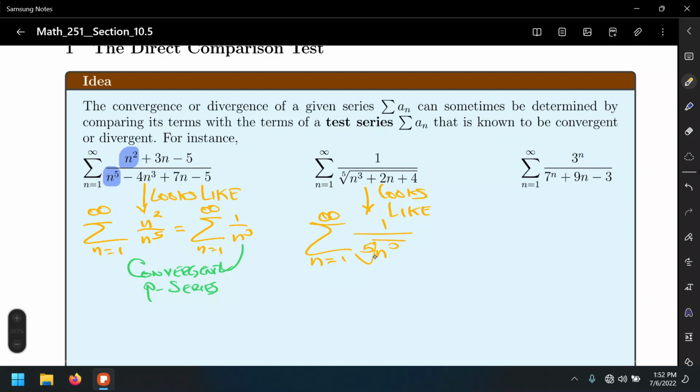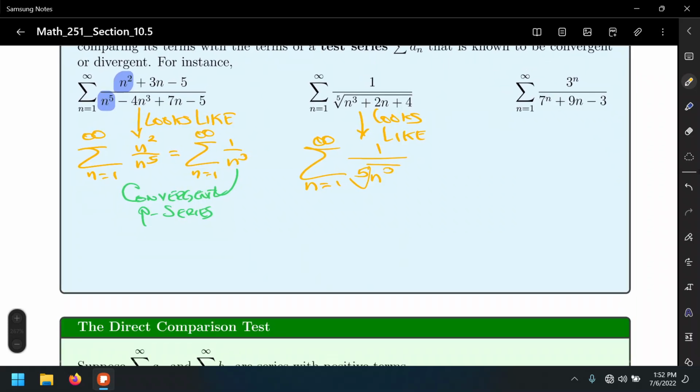And this series is the same as sigma n equals 1 to infinity of 1 over n to the 3/5. Again, this looks like a p-series. This is something easy to relate to.